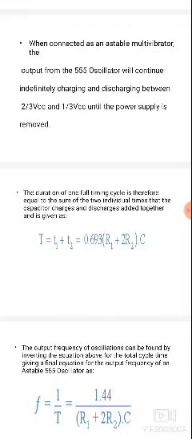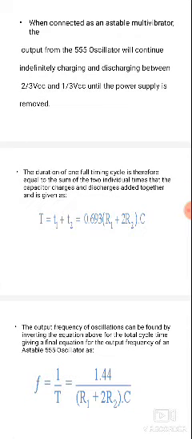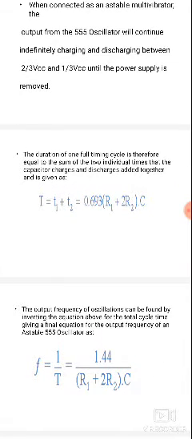So it keeps moving, the astable multivibrator works between 2/3 VCC and 1/3 VCC, changing from charging to discharging, and again discharging to charging, continuously unless we remove the power supply. When we remove the power supply, it stops generating the free running waveforms.